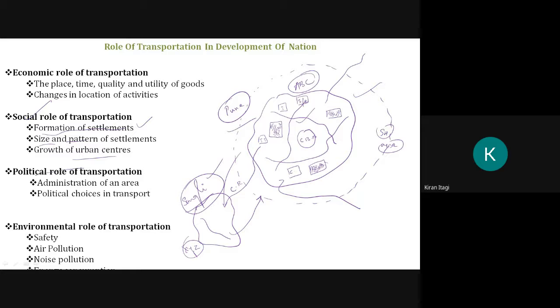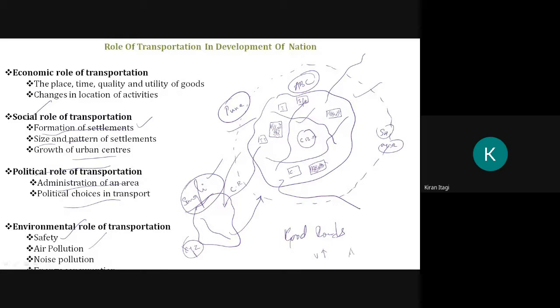Then the political role of transportation: the administration of an area and political choice, obviously. Then the environmental role of transportation: safety and air pollution. If there are good roads, then obviously the vehicles will increase.